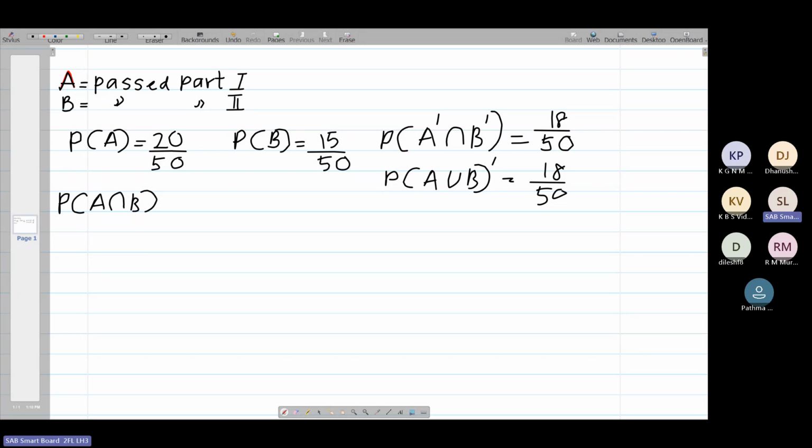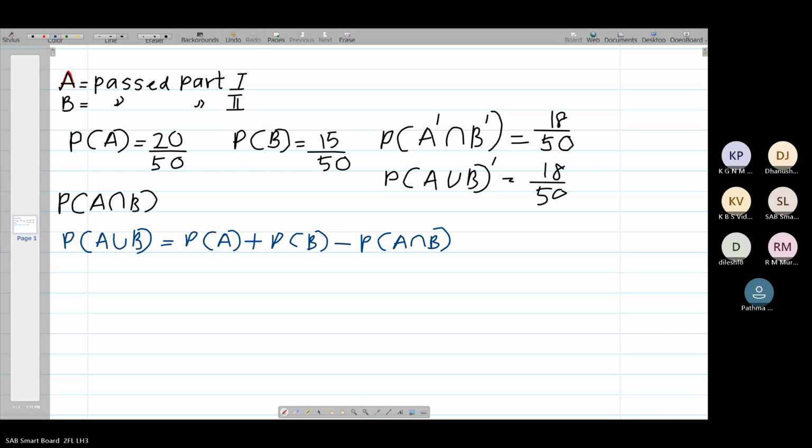We can use the addition law of probability. The addition law means A union B equals probability of A plus probability of B minus intersection. The question asks to find that one. Both parts means intersection.